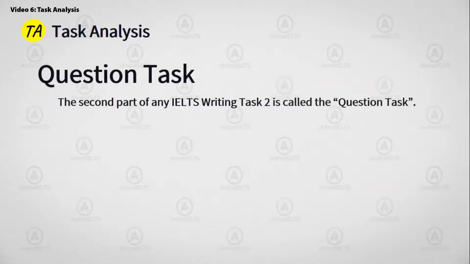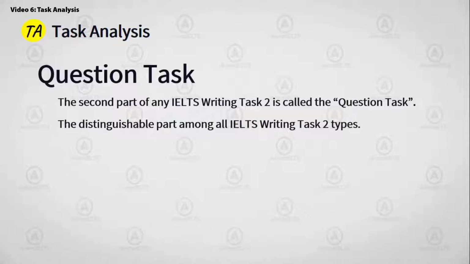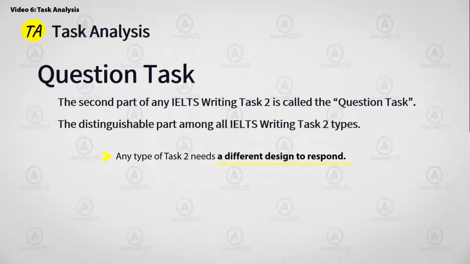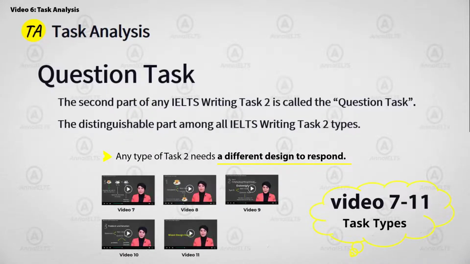Question task. The second part of any IELTS writing task 2 is called the question task, which is the distinguishable part among all IELTS writing task 2 types. That's because any type of task 2 needs a different design to respond. In video number 7 to 11, I'll talk about task types.